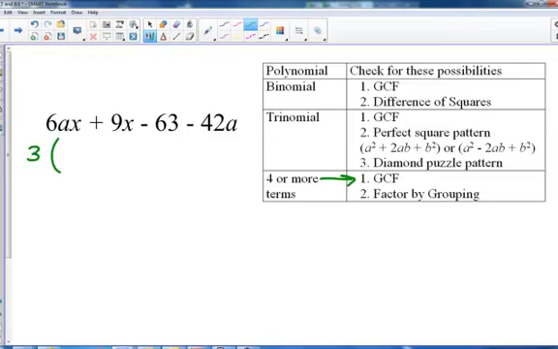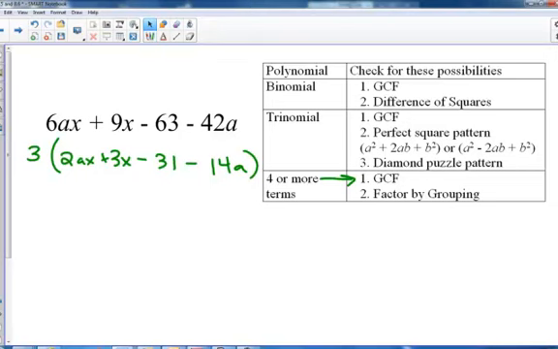If we take a 3 out, we're going to have 2ax plus 3x minus 14a minus 21. Okay, next step is to group. Group the first 2. When I go to group the second 2, I cannot have a parentheses next to a negative. You need to always slash and dash.